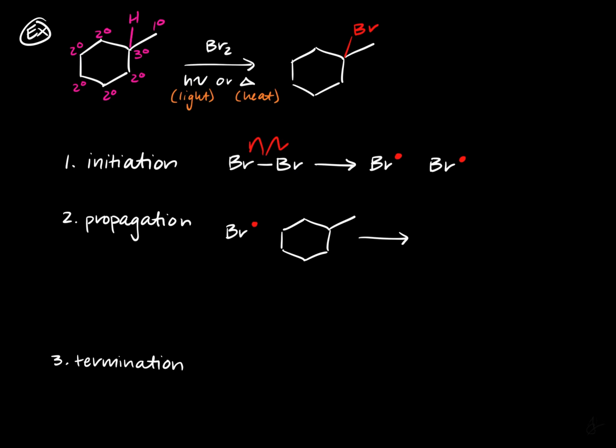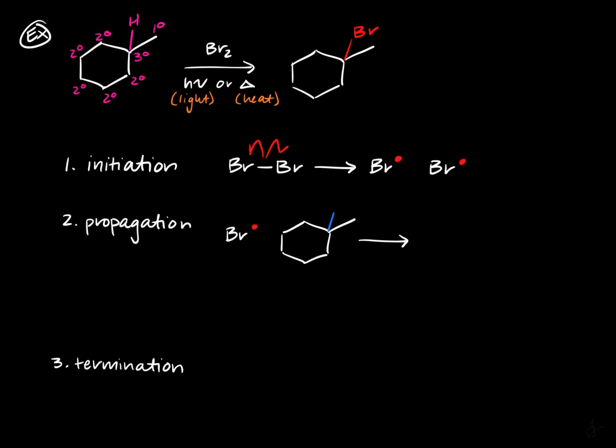Notice that we installed our bromine off of the tertiary carbon, but again, we had to exchange a hydrogen with that bromine. So we need to first draw in our hydrogen, and we'll do our propagation step off of the carbon-hydrogen bond and the bromine radical. So how would that look?